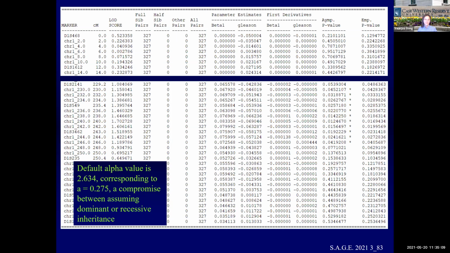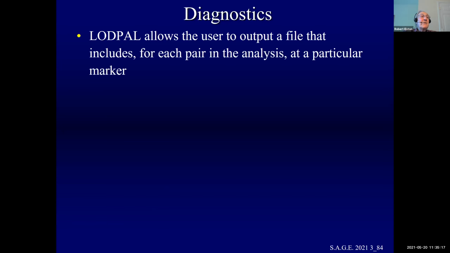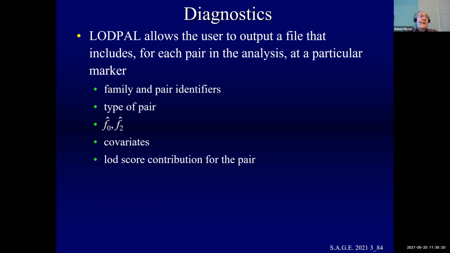All right. There's a lot of diagnostic information that comes out. LotPal allows the user to output a file that includes for each pair in the analysis at a particular marker, the family and pair identifiers, the type of pair, the estimates of sharing 0 or 2 alleles identical by descent, the covariates, and the log score contribution for the pair.